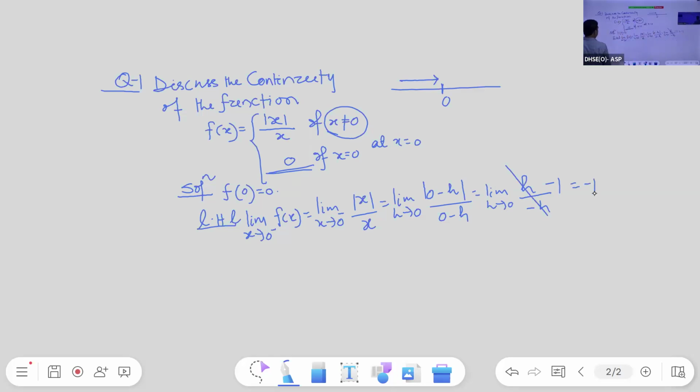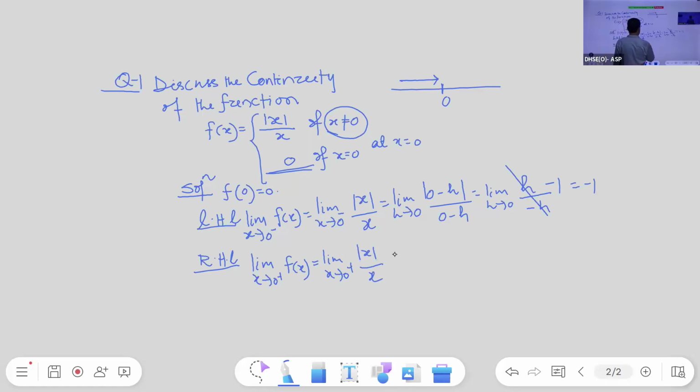Okay. Now calculate the right hand limit. The limit as x tends to 0 plus of f of x is equal to the limit as x tends to 0 plus of mod x upon x.